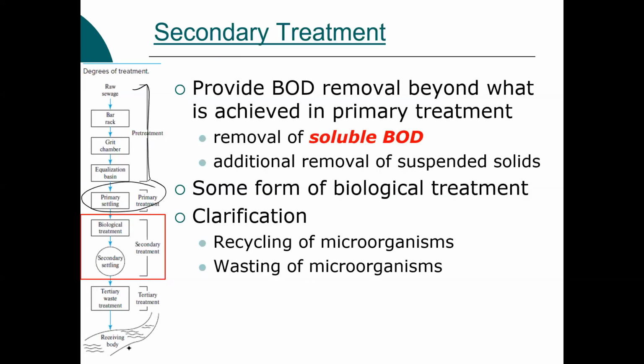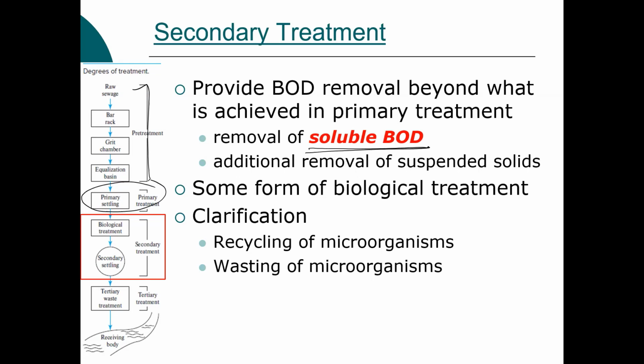Water has flowed then through pre-treatment, primary treatment, and now on to secondary treatment, which typically involves some type of biological processing. The goal of secondary treatment is the removal of soluble BOD. We do get some removal, about 30 to 35% removal of particulate BOD in the primary sedimentation basin.